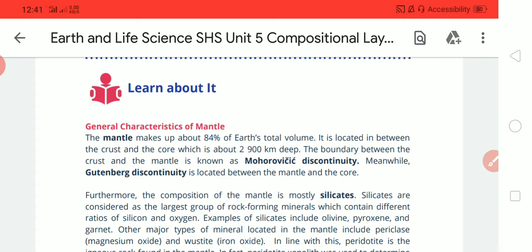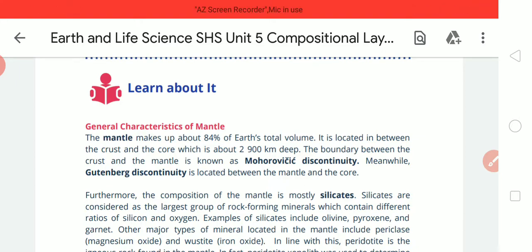The boundary between the crust and the mantle is the Mohorovicic discontinuity. So before ka makaabot sa mantle, nato ginatawag na boundary among the layers of crust and the mantle, and that is the Mohorovicic discontinuity. Meanwhile, the Gutenberg discontinuity is located between the mantle and the core.